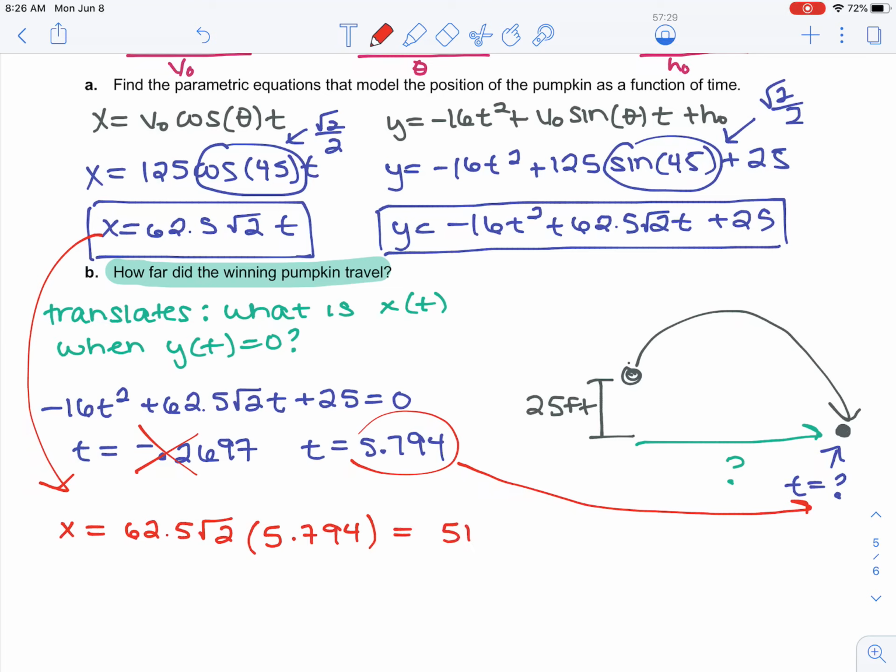And grabbing a calculator, that gives us 512.122 feet. Okay, so again, what we've done is we've figured out how far away the pumpkin has landed from its starting point. And we had to first find the t value at which it landed on the ground.